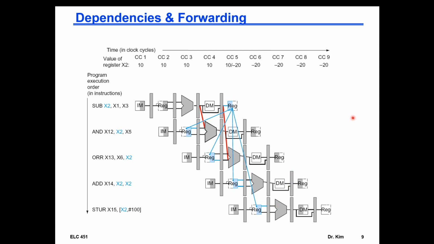Hopefully that gives you an appreciation for the complexities of what we mean by forwarding, and how we can methodically look at the different conditions and situations and formulate logical Boolean conditions under which we have to forward from where to where.